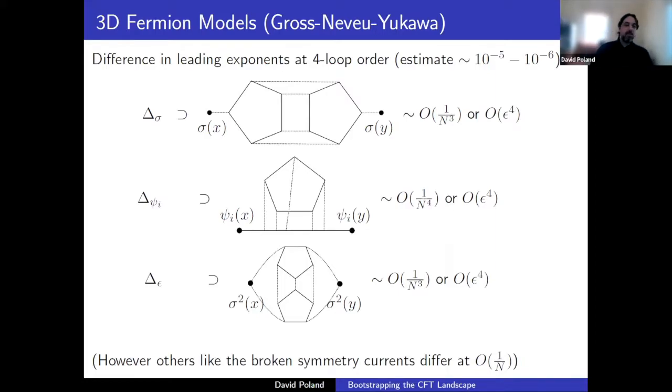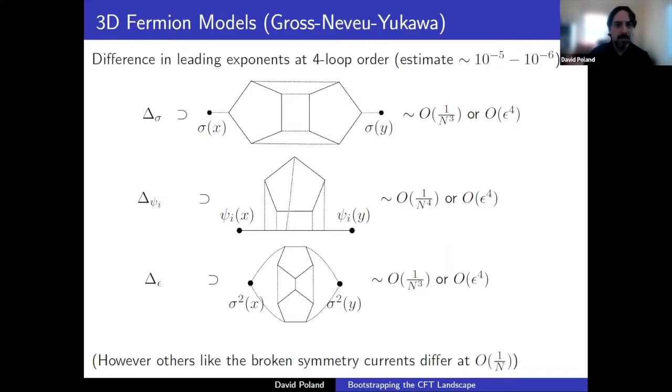It's also something to keep in mind because we're going to study the ON GNY models using bootstrap methods, but there are also Monte Carlo simulations which study these chiral Ising GNY models. So we can still potentially compare the results against each other, because we expect the difference in exponents to be very small.